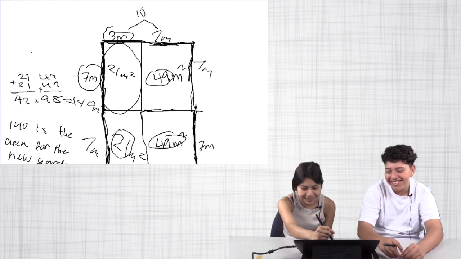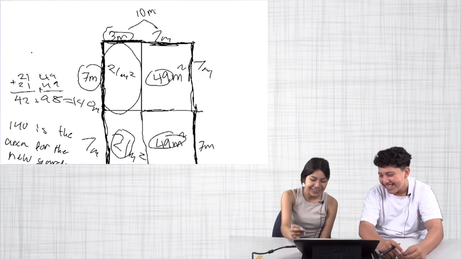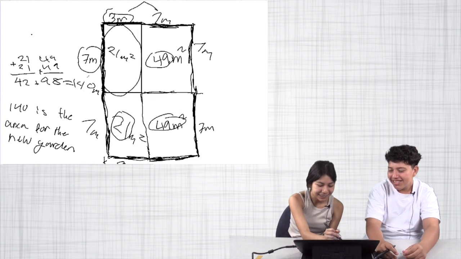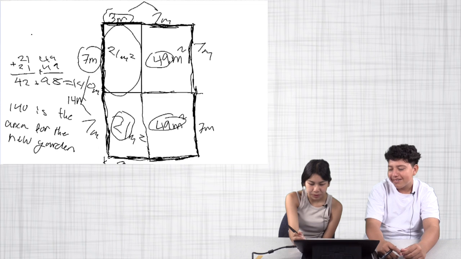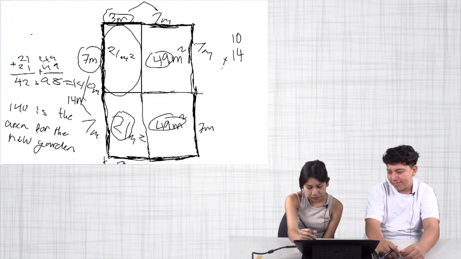And then same here, add the 7 and 7, which is 14. And then I just multiply 10 and 14. Can you write that down? 140.